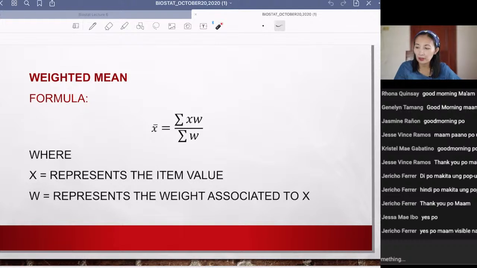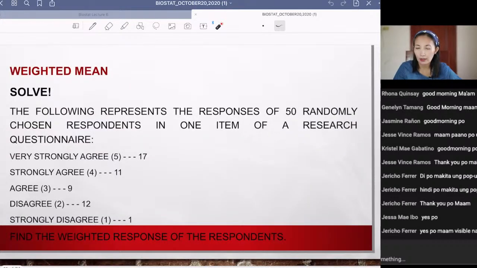So the formula for weighted mean is summation of x times w, where w represents the weight associated to x, divided by summation of the weights. Okay? Like this. Weighted mean: the following represents the responses of 50 randomly chosen respondents in one item of a research questionnaire.